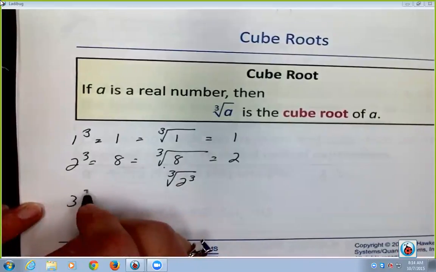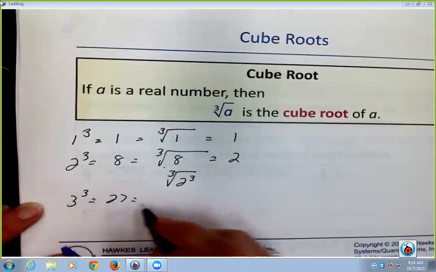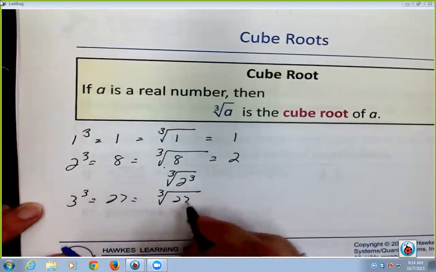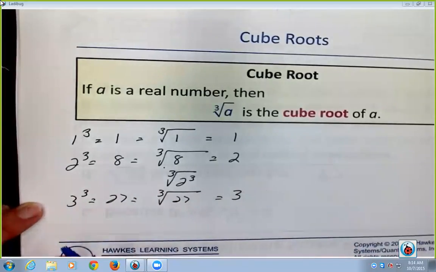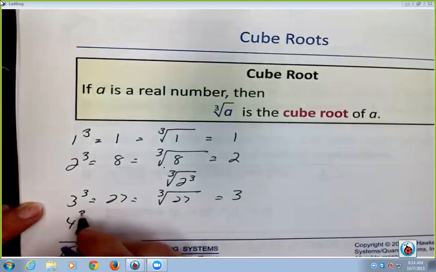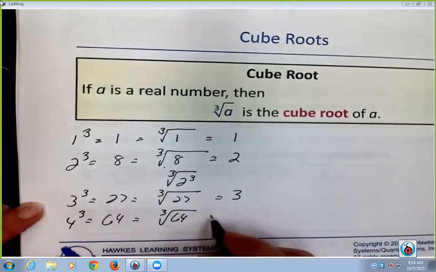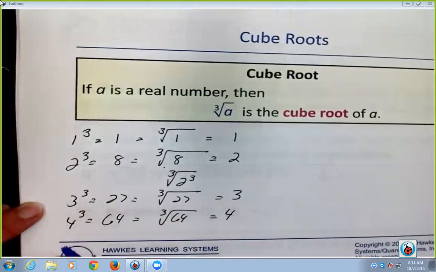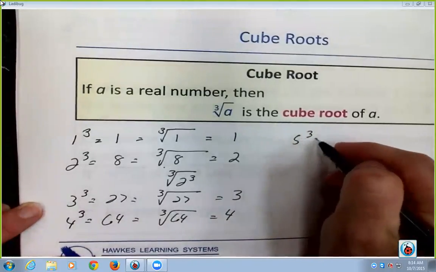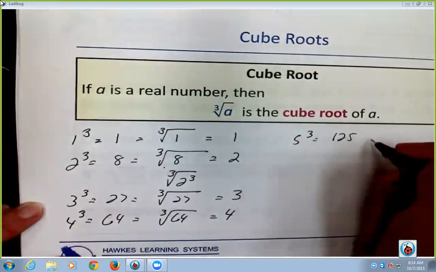So 3 cubed is 27. So the cube root of 27 is, of course, 3. 4 cubed is 64. The cube root of 64 is 4. 5 cubed is 125.